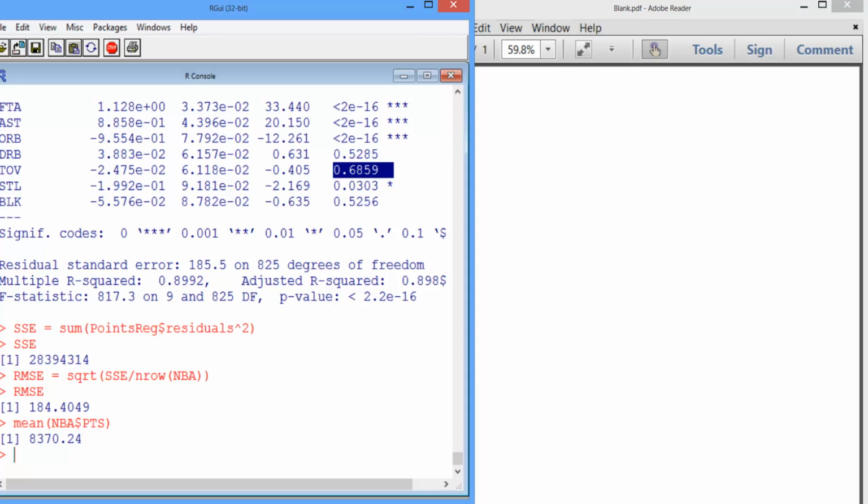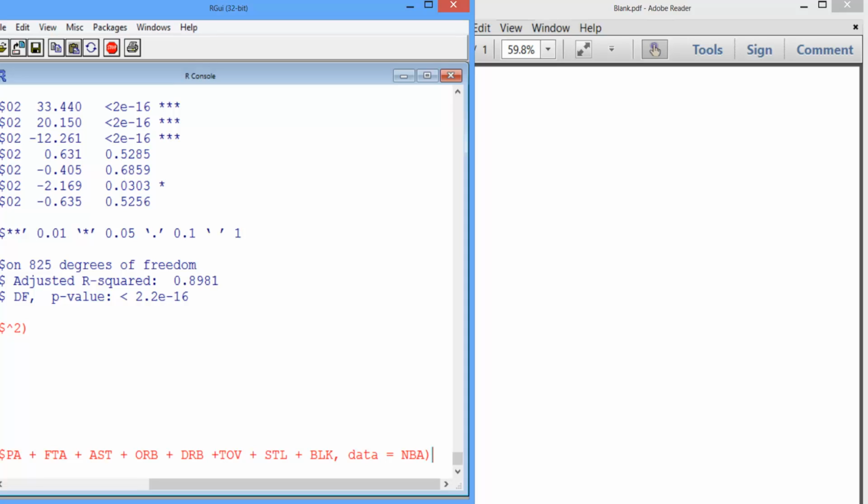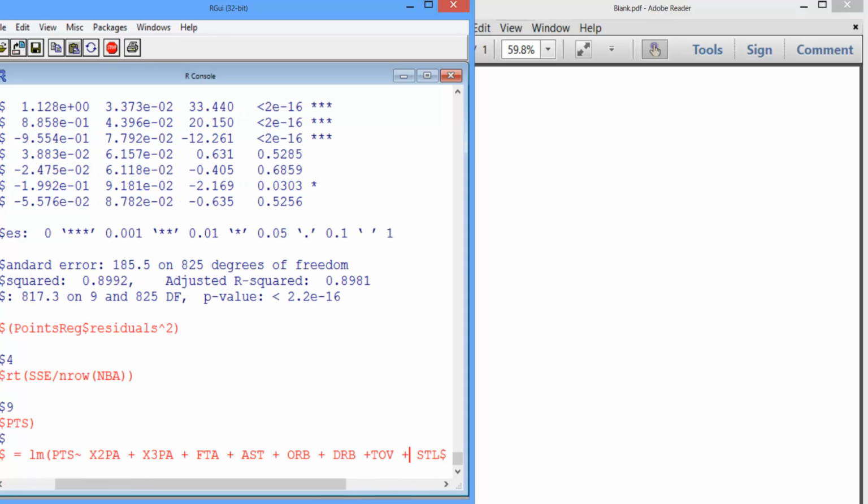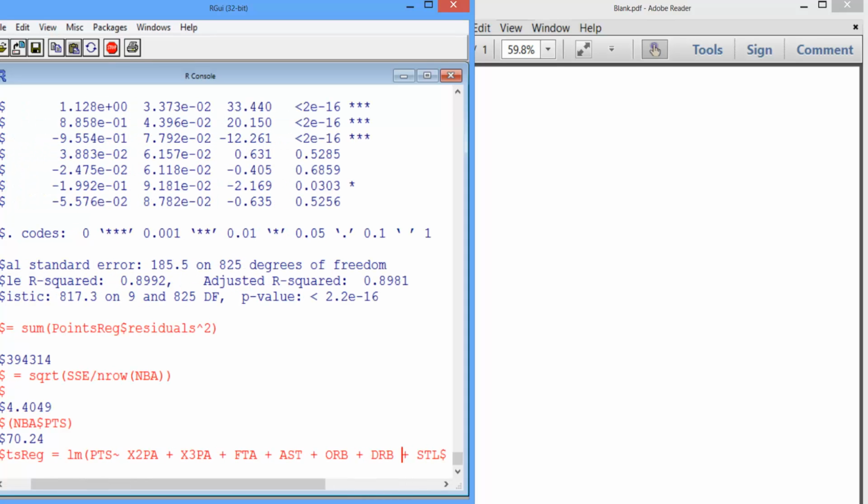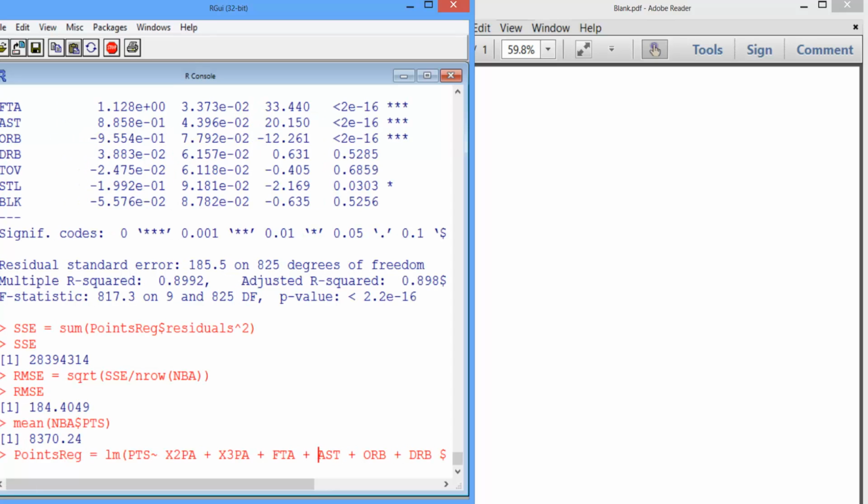So let's create a new regression model without turnovers. So an easy way to do this is to just use your up arrow on your keyboard and scroll through your previous commands. Okay, so this is the command where we define the model. So now let's delete turnovers. Okay, and we'll call this points reg 2.